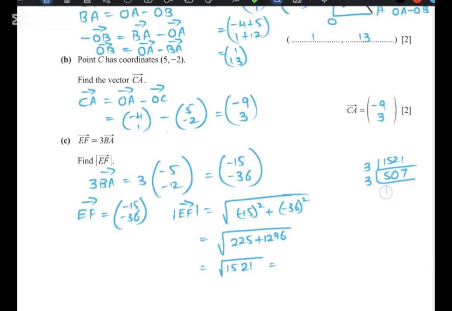Then 3 ones are 3, 2 is left, 3 6s are 18, 2 is left, 3 nines are 27. 169 is 13 into 13. You should remember some of the square numbers, so 13 squared is 169. So 3 into 3 into 13 into 13. The square root will be just 3 into 13, which is 39. So the answer is 39.